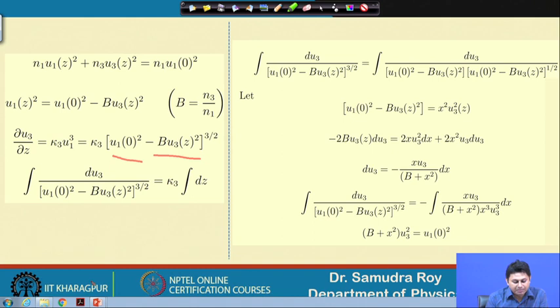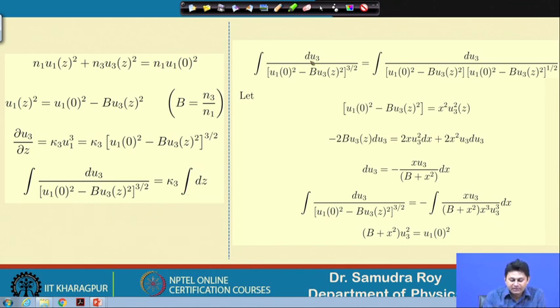On the right hand side it will be kappa 3 integration of dz, which is nothing but kappa 3 multiplied by z. We integrate both sides from 0 to z. But before that, the only challenge is to find out how to integrate this quantity.